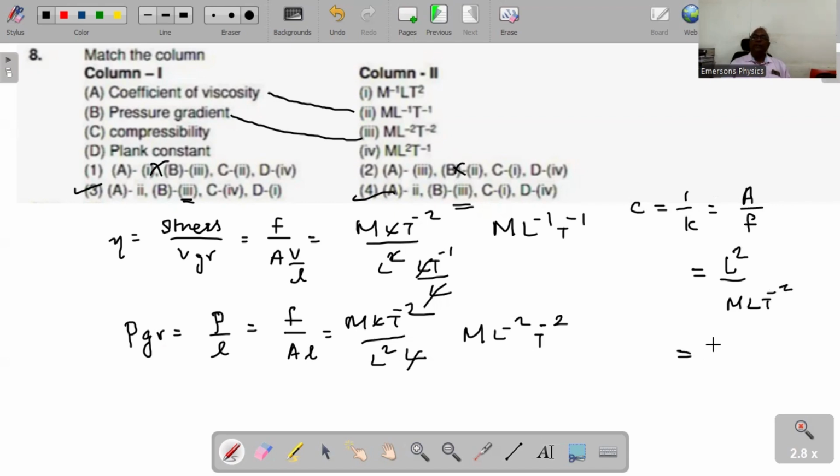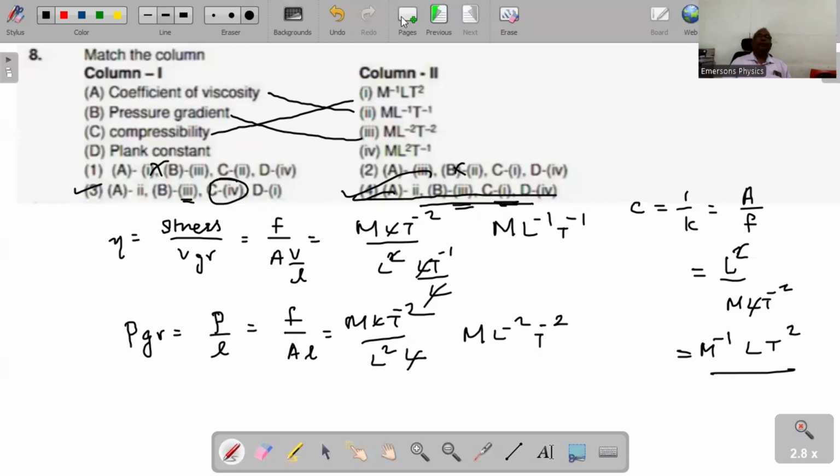So in the dimensional formula, one L gets cancelled, M to the power of minus 1 L T squared. So compressibility is 1, C is 1. So this should be the answer. Both options are the correct answer.